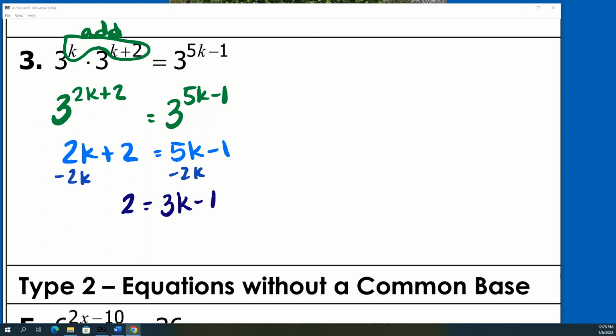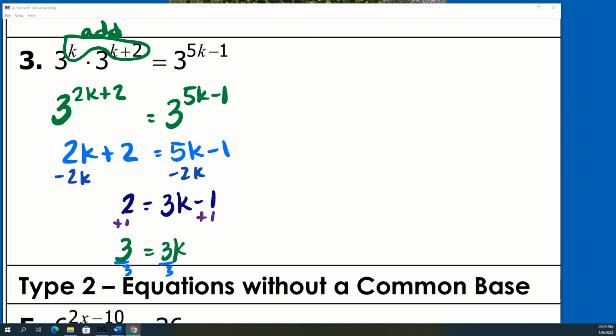So I went ahead and moved my 2k over. Now there's 2 steps. One step is to add. And the last step is to divide.